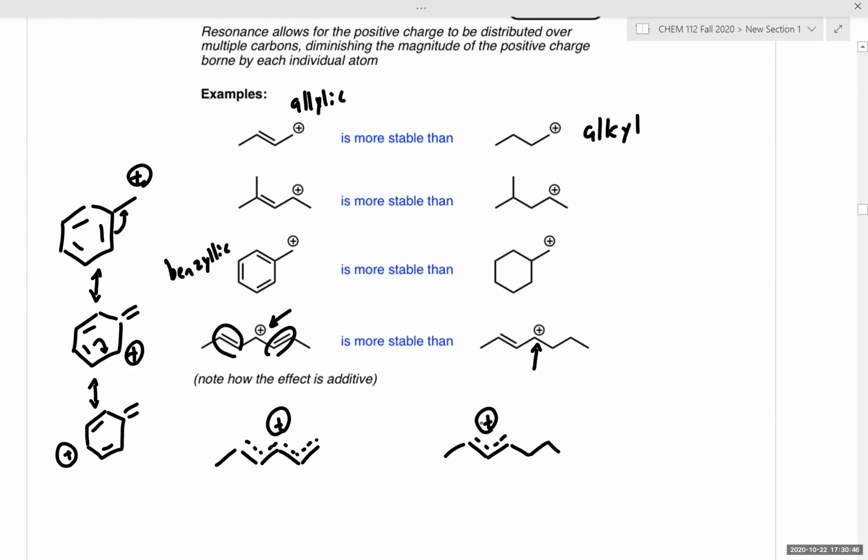So the more you're able to distribute your charge over multiple atoms, the more you're able to stabilize that charge as a result of these resonance effects. Now, what's important to consider is not just that we're delocalizing our charge over multiple atoms, but the nature and character of those atoms in terms of electronegativity and other factors that we'll talk about momentarily. For now, does everyone get this idea of resonance effects and how they can stabilize carbocations?